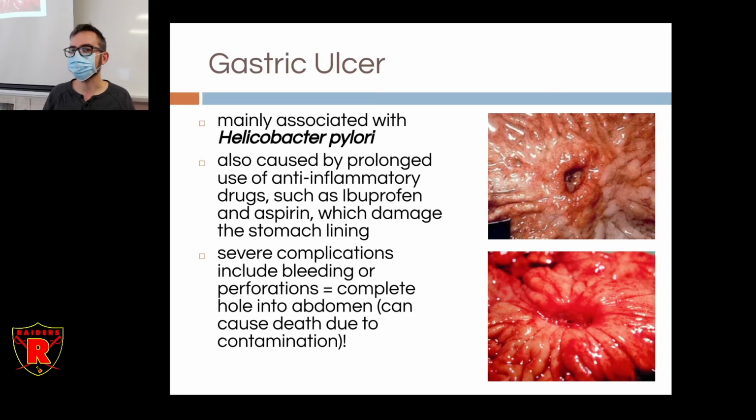I should also mention that there are some drugs that can potentially cause gastric ulcers. Ibuprofen is a really big one. A lot of older people take ibuprofen for pain management. But it does cause thinning of the lining of your stomach and potentially can cause ulcers. My grandfather got an ulcer from taking ibuprofen. So you definitely can get them that way, but it's just not as common as getting them from Helicobacter pylori.